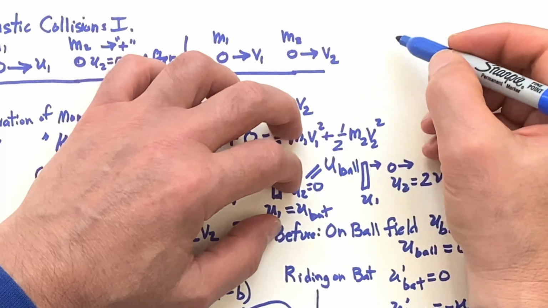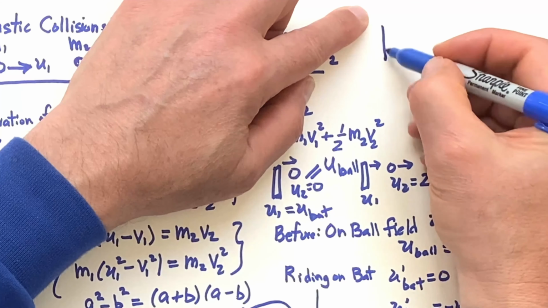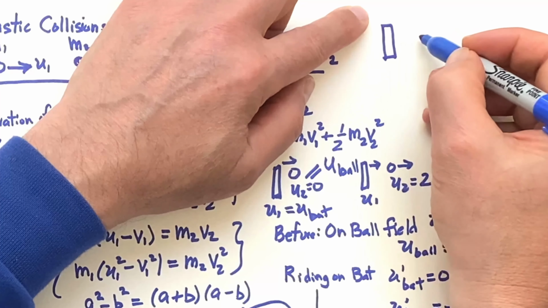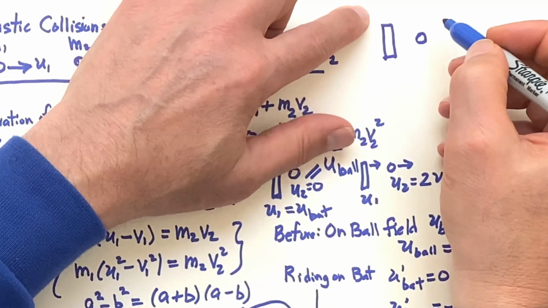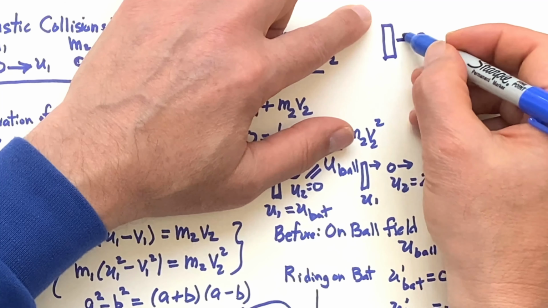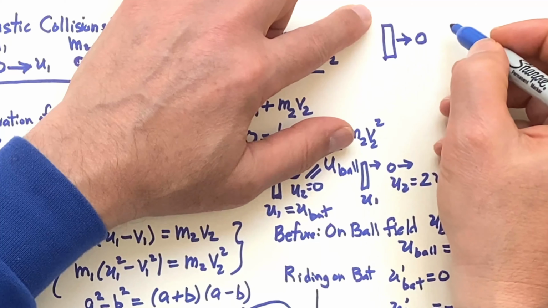So to follow through in a quick little summary, you have a wall that's stationary and a ball that's stationary, and to start our problem, we're going to have the wall move toward the ball.